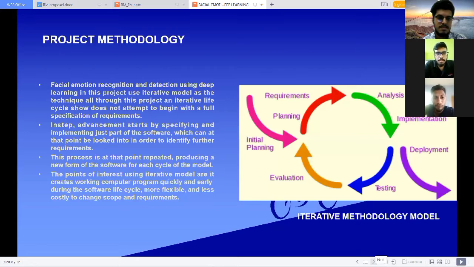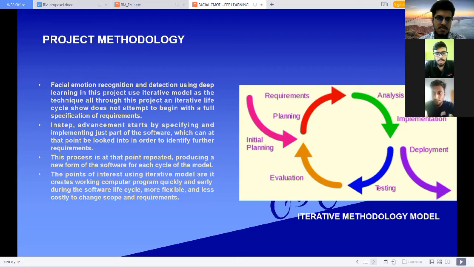Project methodology: in facial emotion recognition and detection using deep learning, the project uses the iterative model as the technique throughout. The iterative life cycle does not attempt to begin with a full specification of requirements. Instead, it starts by specifying and implementing just part of the software, which can then be reviewed to identify future requirements.